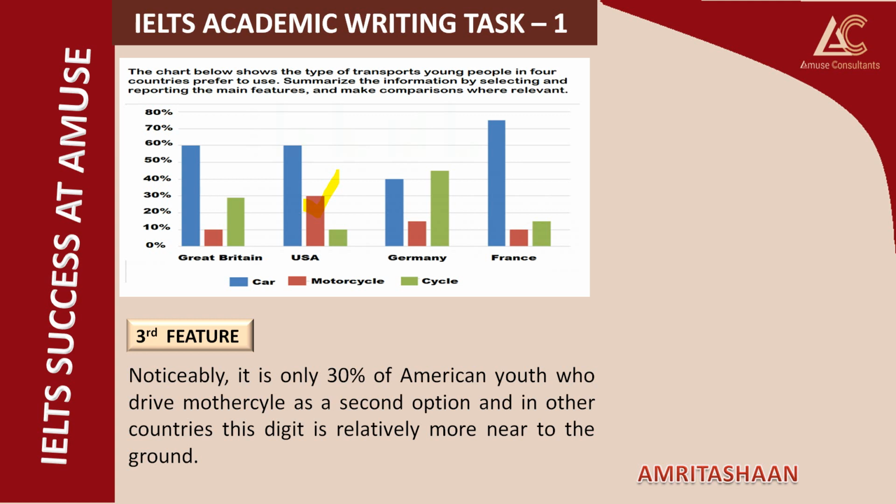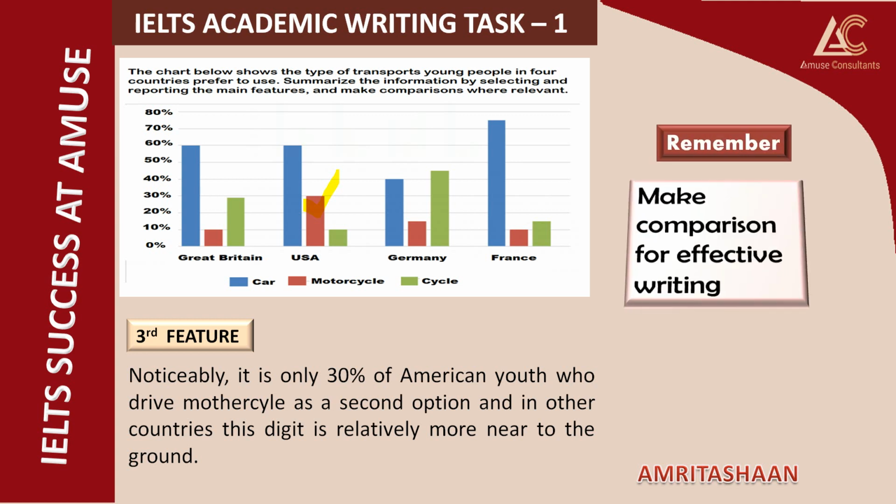Noticeably, it is only 30% of American youth who drive motorcycle as a second option, and in other countries, this digit is relatively nearer to the ground. This is another way of making comparison. So the point to remember is make comparisons for effective writing.